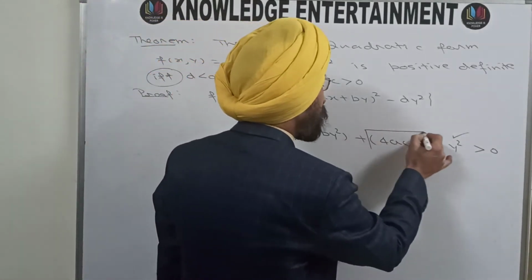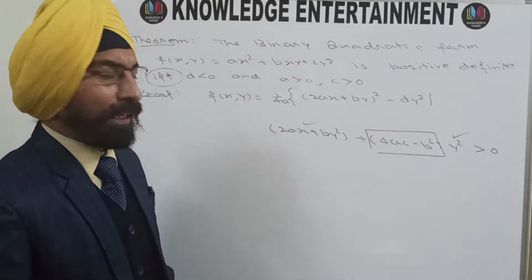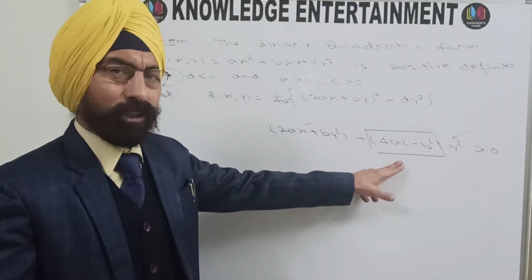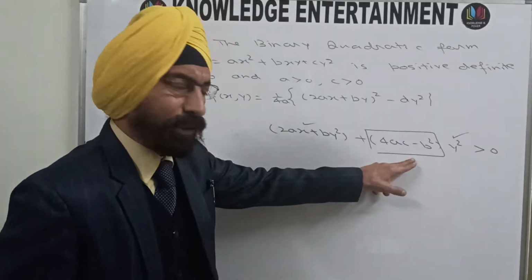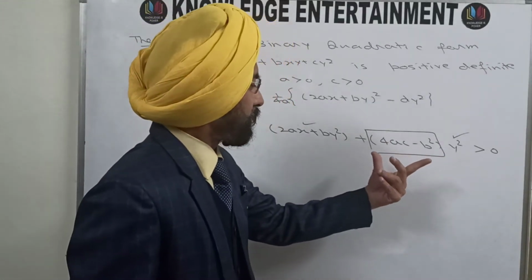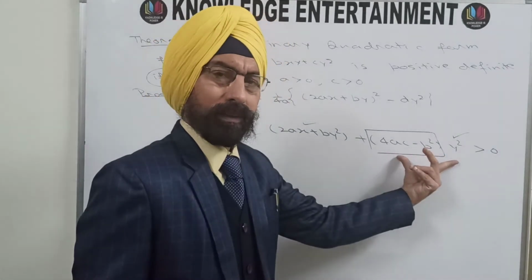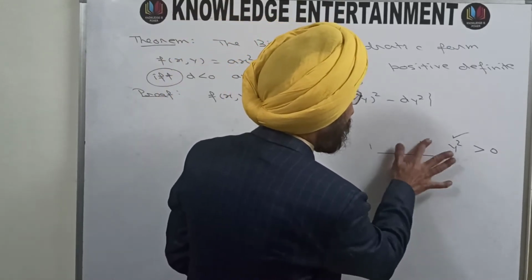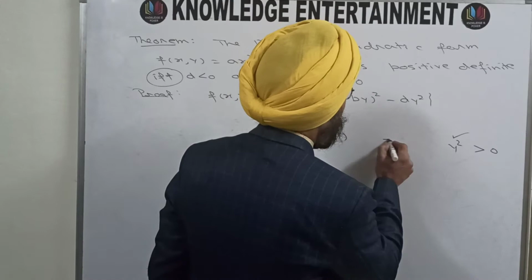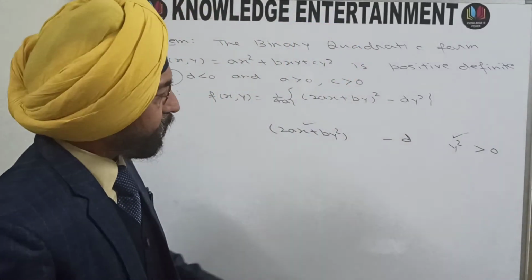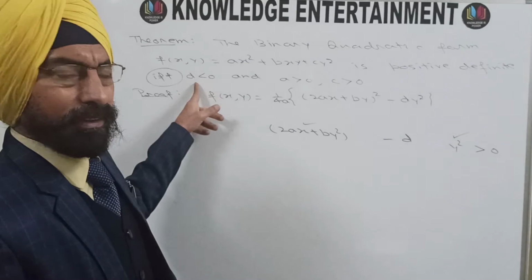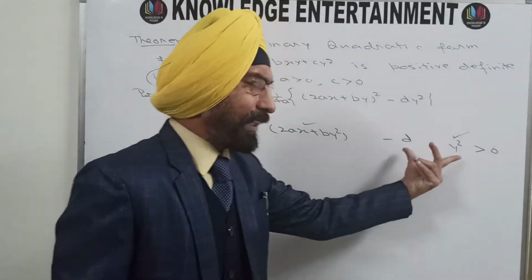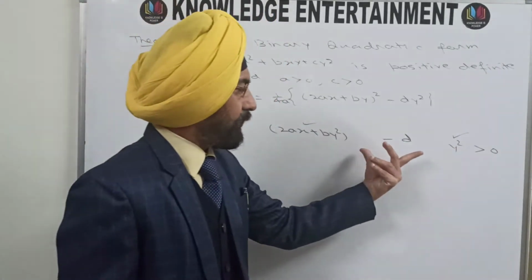Now, if this portion is positive, here you have to give some more concentration. Let me write here minus d, because otherwise it will create a little bit of confusion. Now if we want to prove that d is negative: suppose d is positive and this portion dy square is greater than (2ax plus by) square, it will become negative.